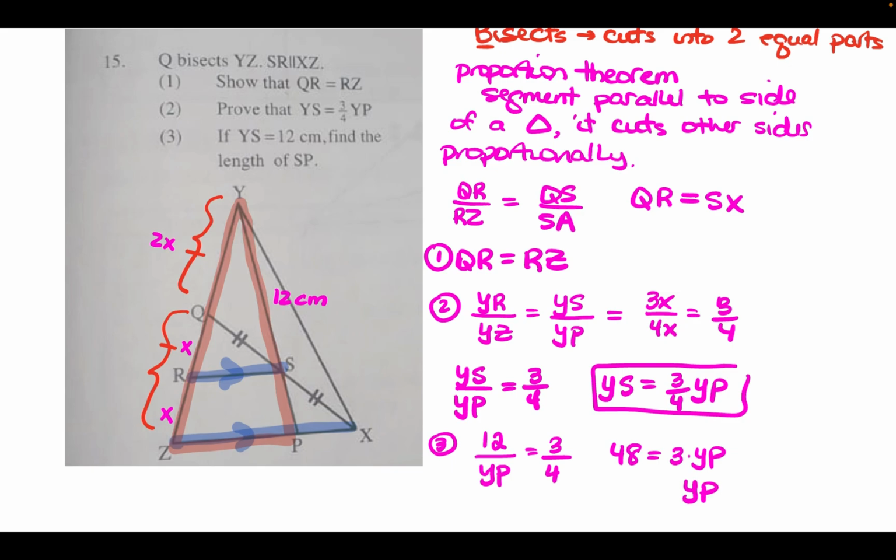So YP is equal to 16. SP is what they asked for, and SP would be YP minus YS. So SP will be equal to 4.